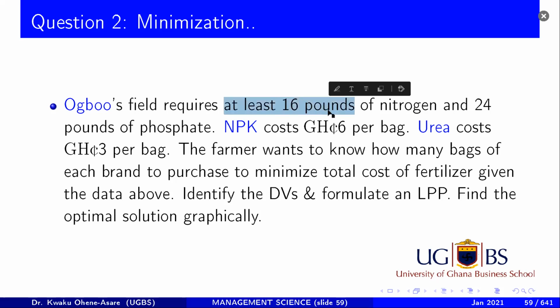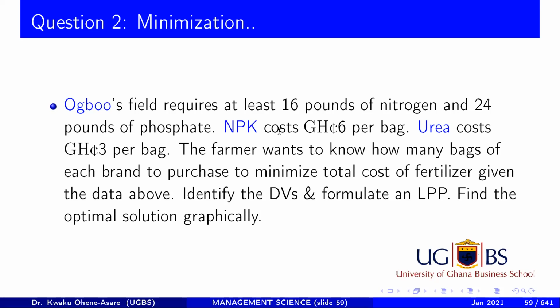That should tell you it is dealing with a resource, because the field requires that resource. But the most important thing is that, knowing you're going to minimize cost, you should know the things that are going to incur cost.